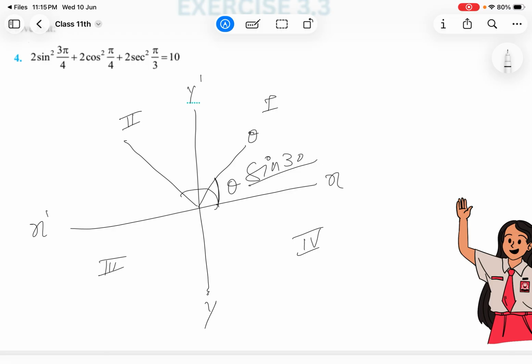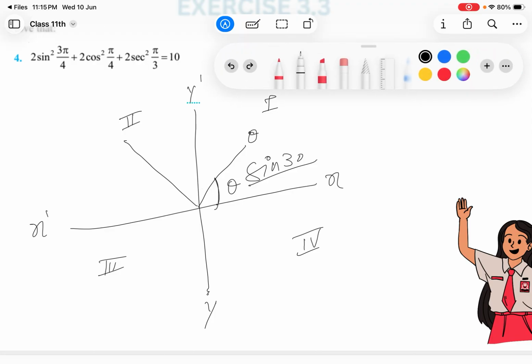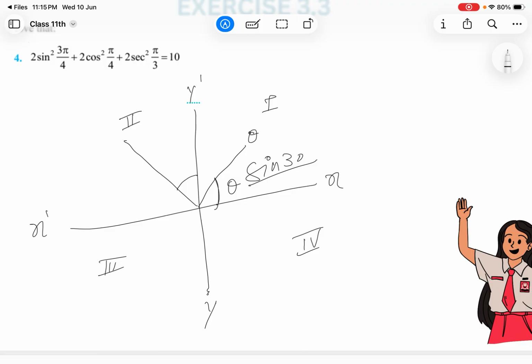y axis, suppose this angle is 50 degree, right? So we will write it like, suppose this is sine 50 degree, then we will write sine 90 degree plus 50 degree.